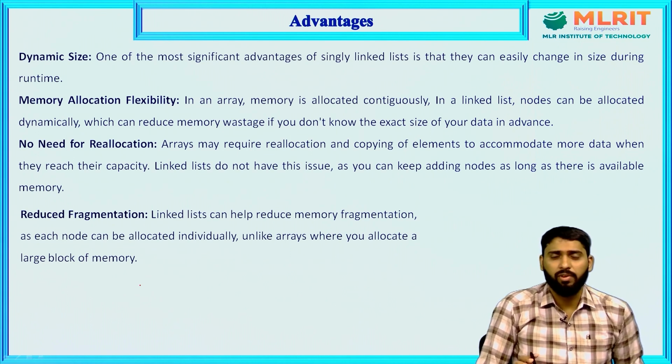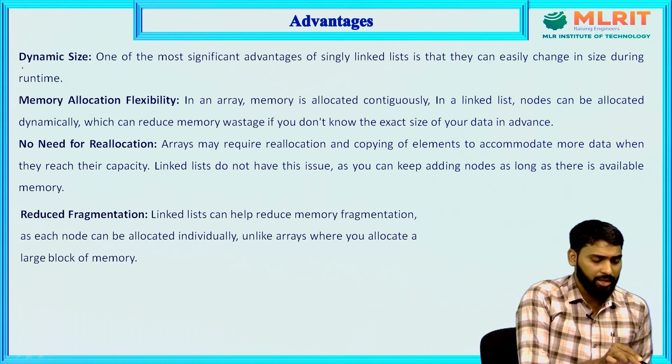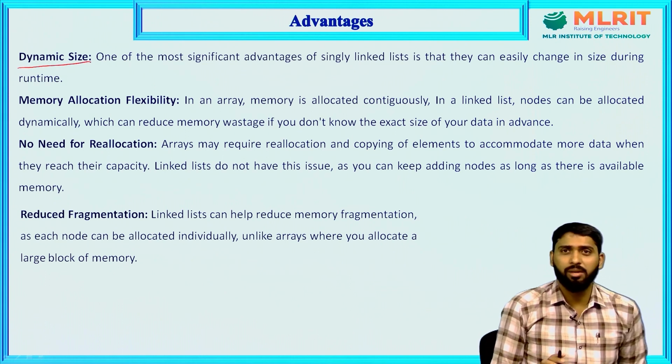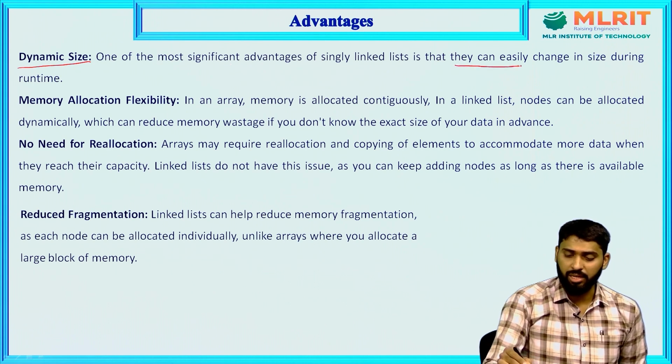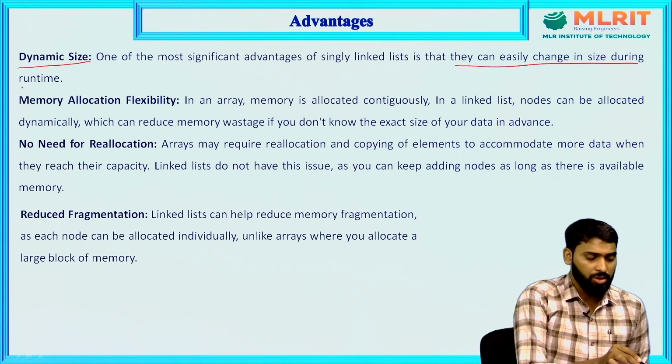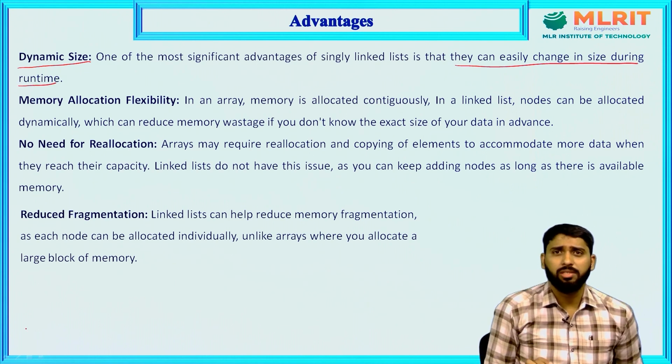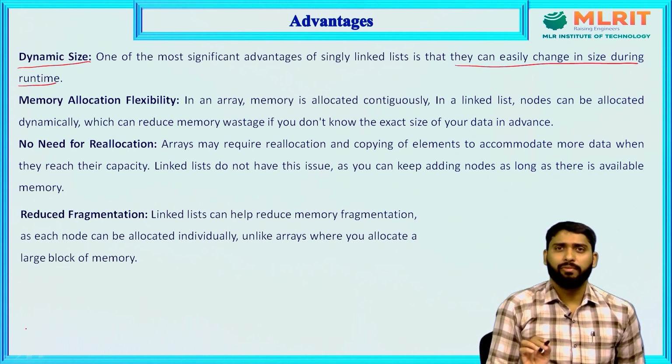Now the first advantage is dynamic size. One of the most significant advantages of single linked list is that they can easily change in size during runtime. So for example, I want to store 5 elements using an array.